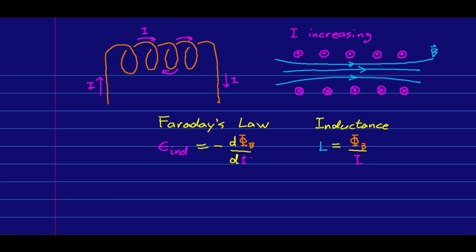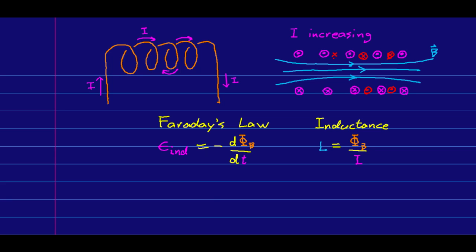And we know from Faraday's law that E fields are produced that would tend to drive currents to oppose that change in flux. In other words, if the current is increasing so that this B field would increase, the E fields would tend to point in such a direction that they would drive currents the other way.